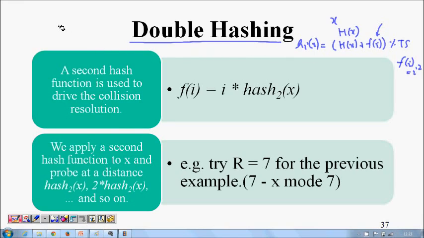In this, f(i) is given by i times hash2(x), where hash2 is another hash function that we are taking.